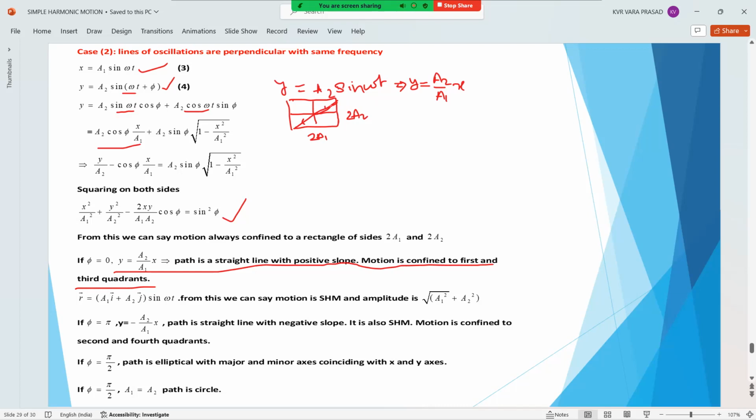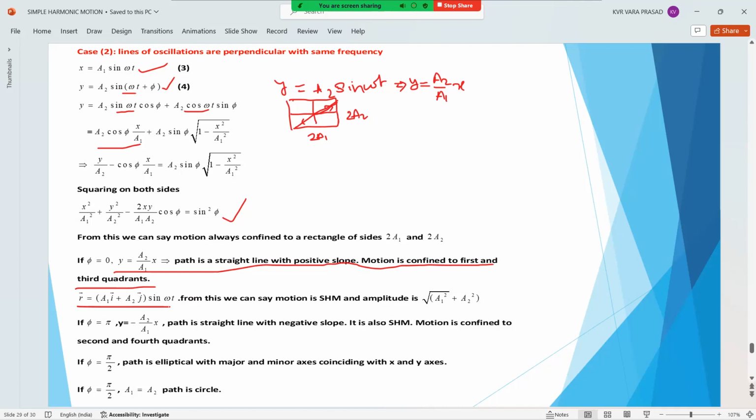So motion is like this. It is simple harmonic about origin, and its amplitude is square root of a1 square plus a2 square. You can see that here: from origin to this corner, distance equal to square root of a1 square plus a2 square, right?